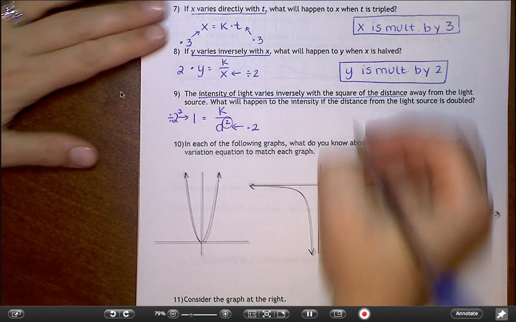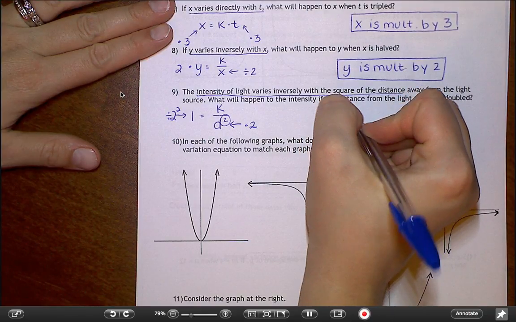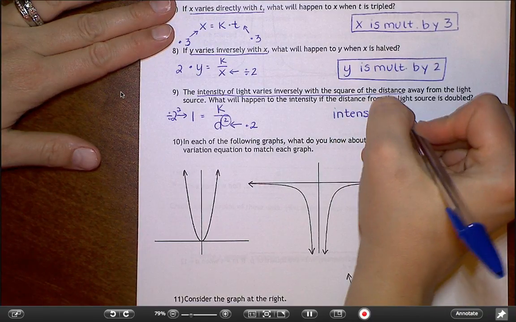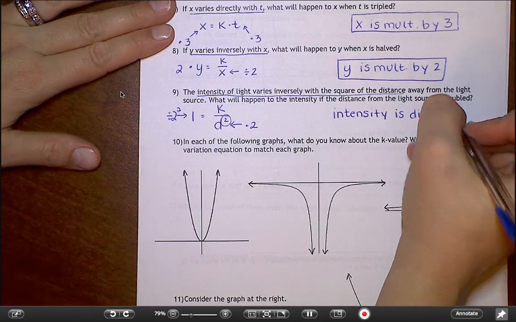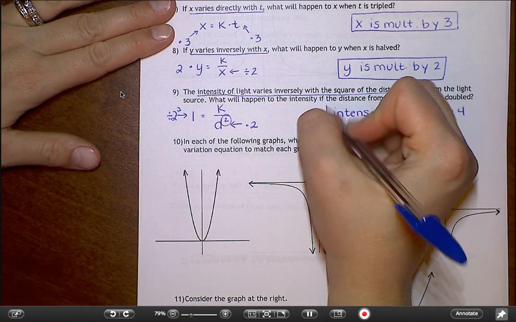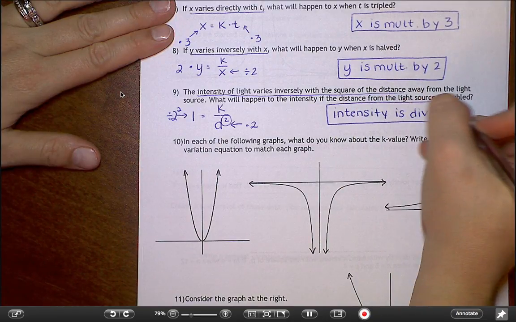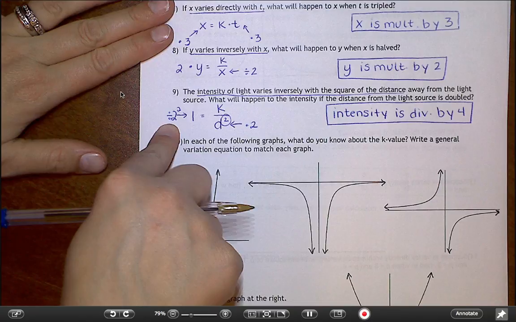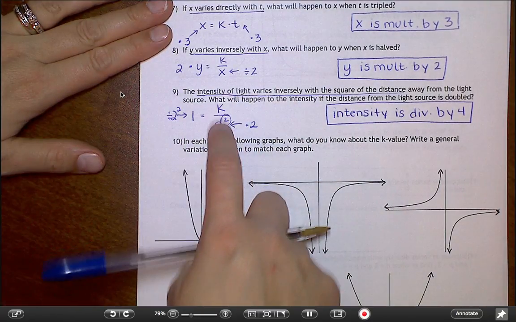Okay? So I could say the intensity gets divided by 4. Okay? So again, that 2 became a 4 because of the squaring that was going on. If that had been a power of 3, this would have ended up being an 8. Okay? And you've got the multiplying and the dividing because of the inverse variation.